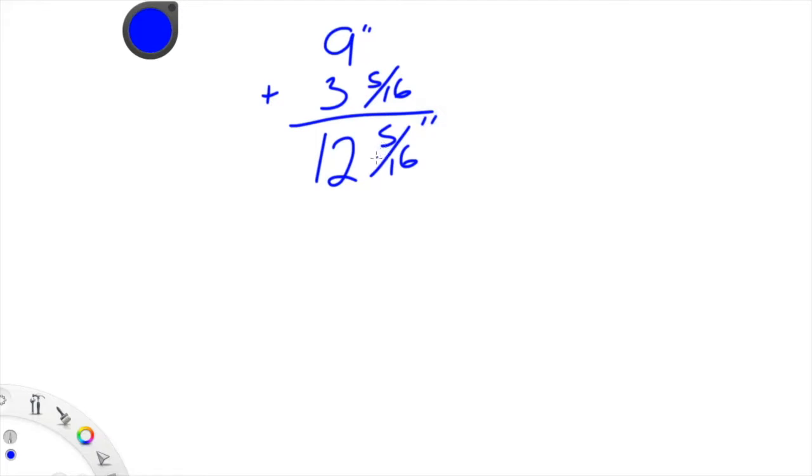Okay, now that gives us a radius of 12 5/16. Now we need to know what the diameter is. All we got to do is multiply that by 2. Again, 3rd grade math gives us 24 5/8. That is our diameter.